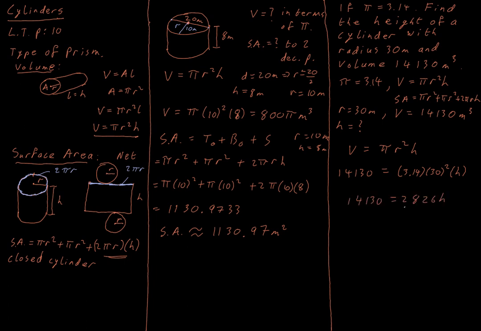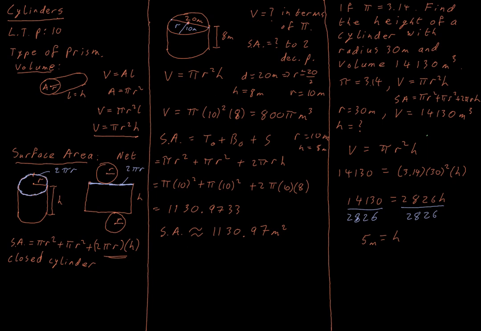So I end up with this number, 2826, when I put this into the calculator, and I divide both sides by 2826, because I want to know what 1 h is, and currently I know what 2826 times h is. So I divide both sides of my equation and I end up with h is equal to 5. So the height of my cylinder is 5, and in this case the units I'm working with are meters.